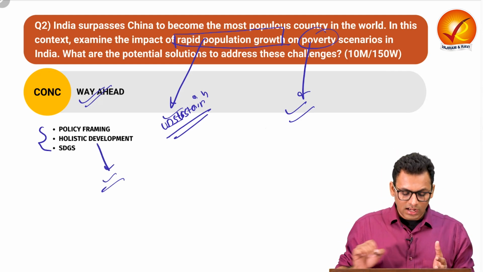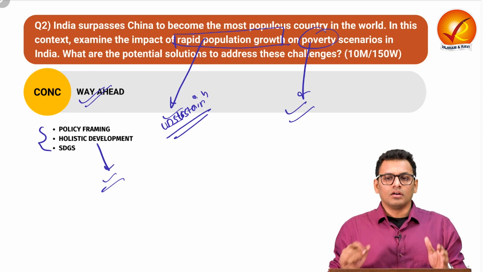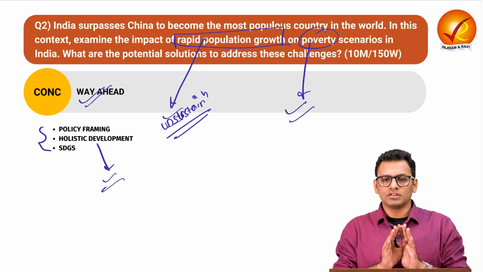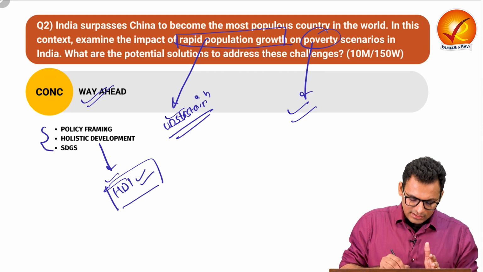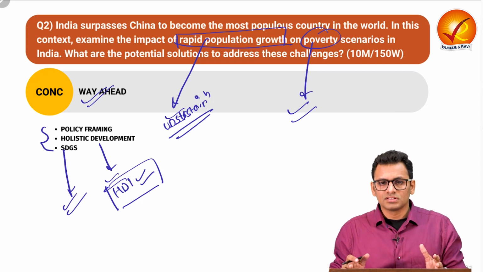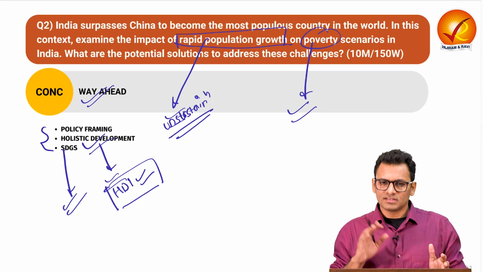Next, you can talk about the need for holistic development. Instead of focusing on just one or two elements, we have to ensure that every aspect of the human development indicators is addressed. And lastly, you can consider the SDGs to ensure that holistic development is realized, along with sustainable development.